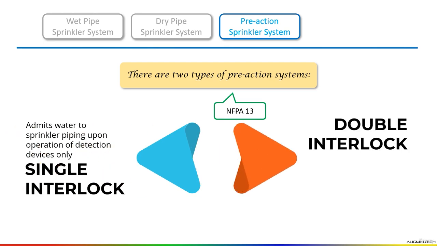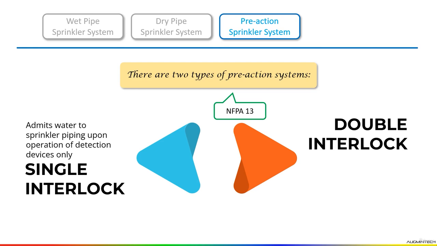Now the second one, we have a double interlock pre-action system. What is this double interlock? Some businesses prefer the added layer of protection that a double interlock pre-action system provides. A double interlock system requires that a preceding fire detection occurs in conjunction with an automatic sprinkler activation before water releases into the pipes.